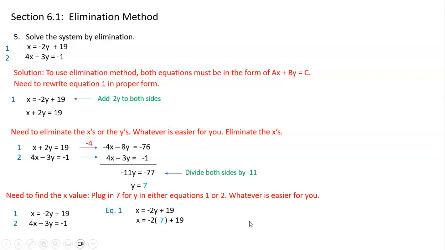So we have negative 2 times a positive 7, which gives me a negative 14, plus 19. Negative 14 plus 19 is going to give me a positive 5. So the solution for this system is 5, 7. The x value is 5, the y value is 7.